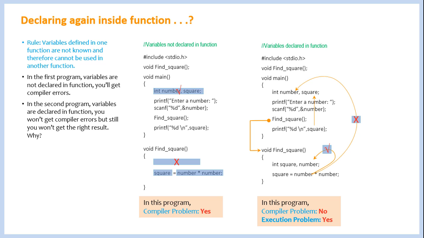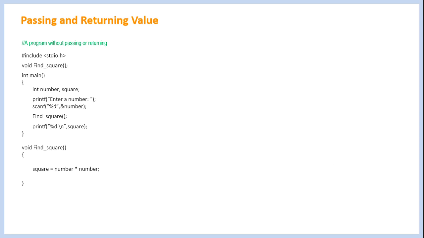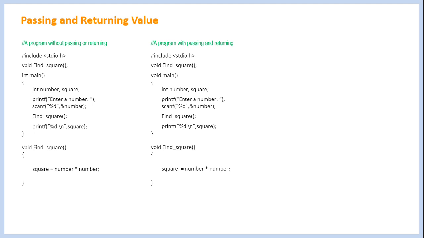So what to do? So this was the program. We had problems while trying to use a value that is in a variable of one function in another function. Let's modify this program. In place of this, let's write this. Note here, we are introducing a new feature in functions.